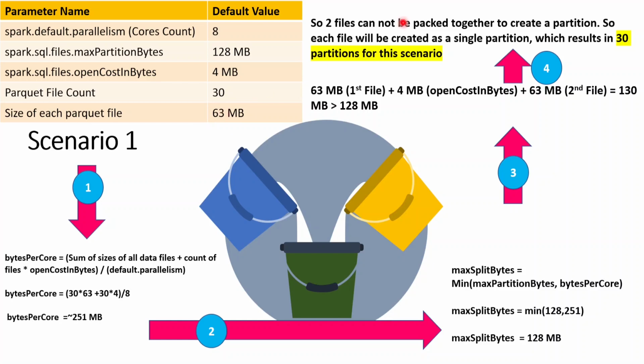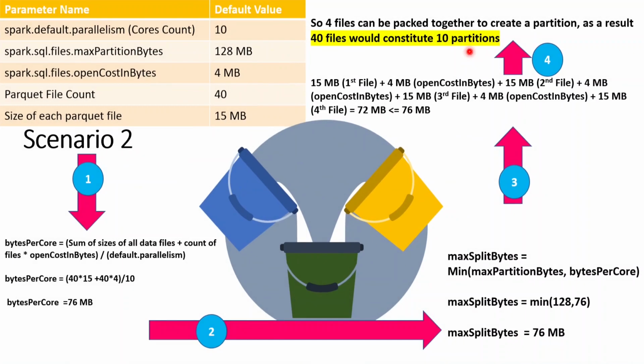As a result, two files cannot be packed together to create a partition. Each file will be created as a single partition, which results in 30 partitions for this scenario, because we have 30 files, each of 63 megabytes. So we will have 30 partitions in the Spark environment for this use case.